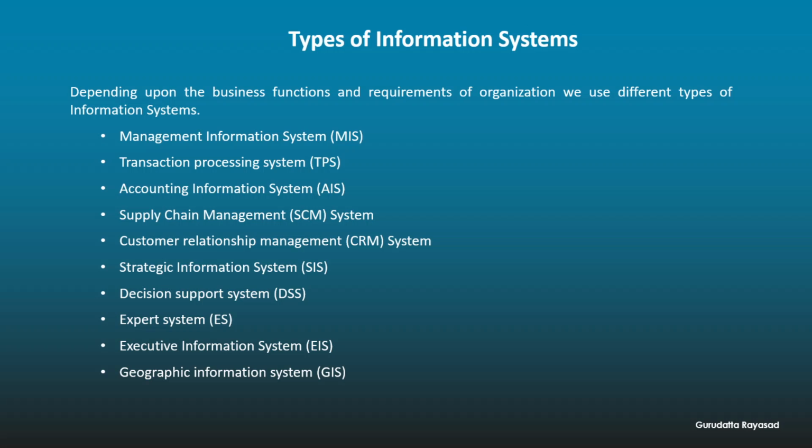The most common type of information system is the transaction processing system, and some other important systems are decision support systems, expert systems, executive information systems, geographic information systems, and so on.